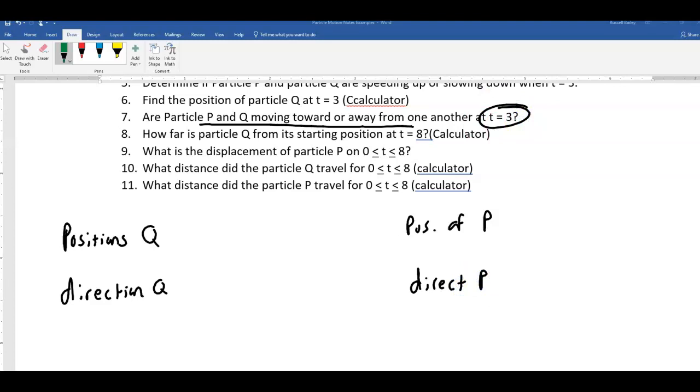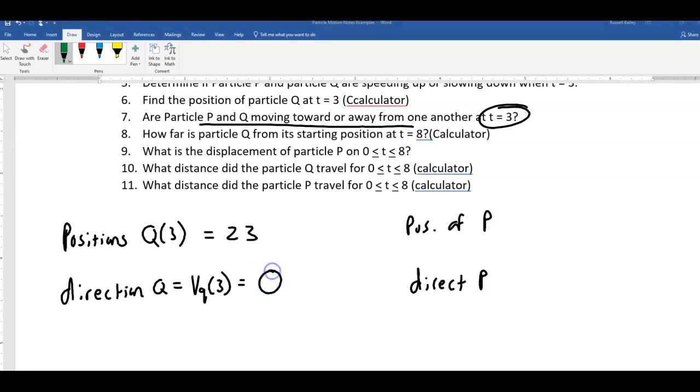So I've already found the position of particle Q at 3. That was question number 6. We found out that that was 23. Now what is the direction of particle Q? Well, that would be found by plugging 3 into the velocity function that they've given us. So go ahead and plug 3 into the given velocity function for particle Q and see what you get.